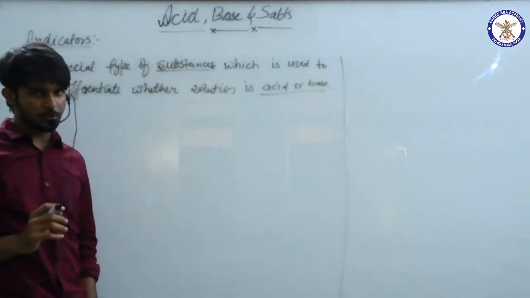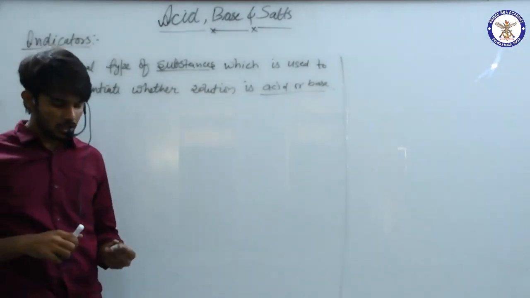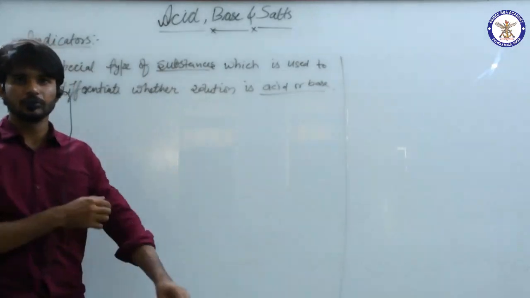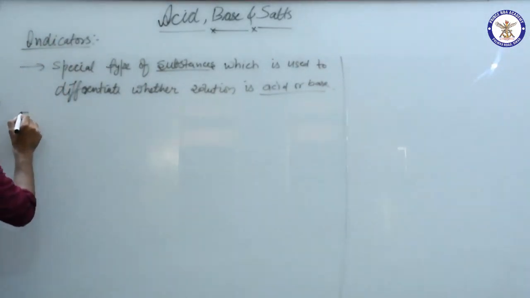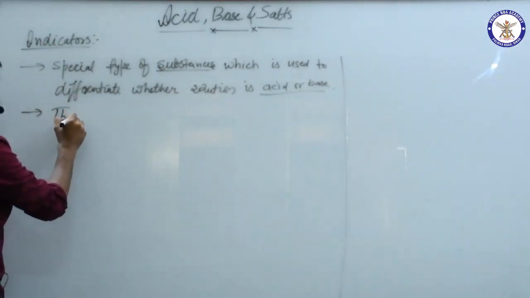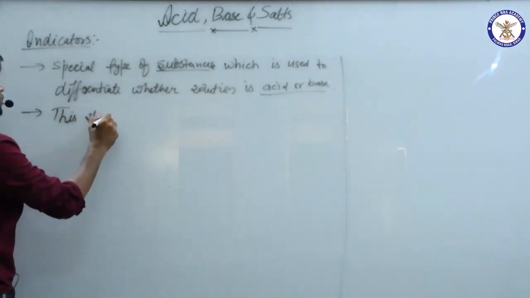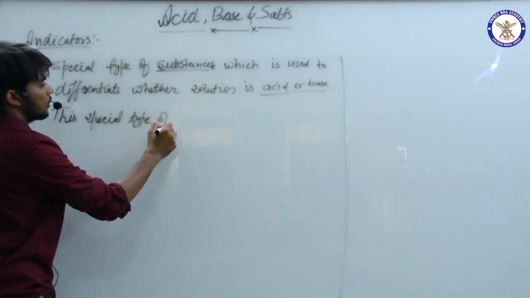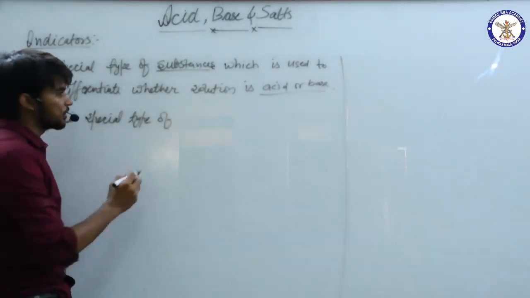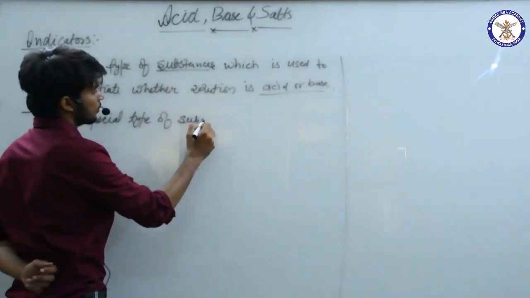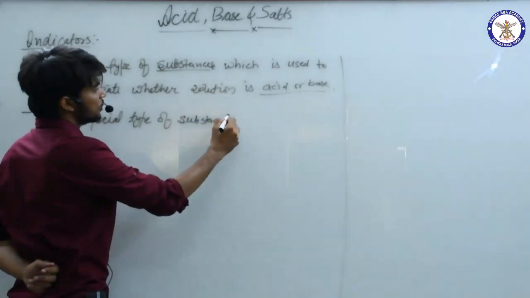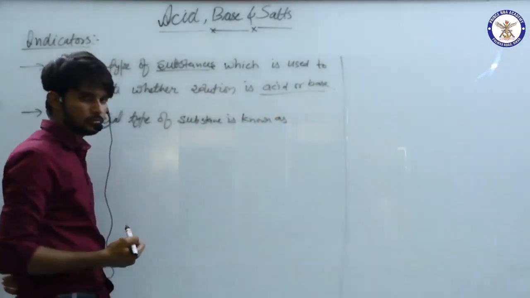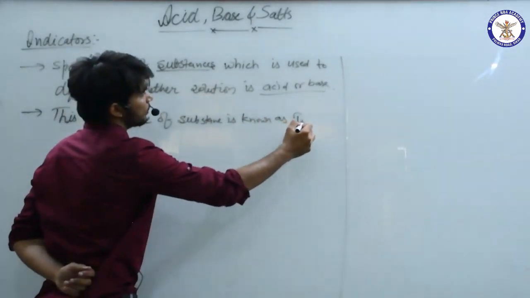We have some special type of substance which is used to define whether the given solution is acid or base. So this special type of substance is known as an indicator.